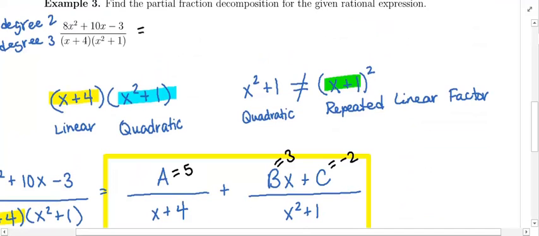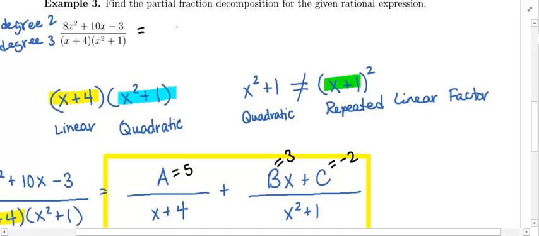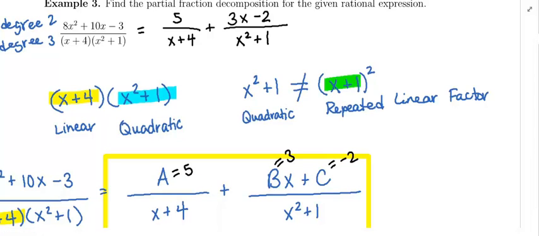The partial fraction decomposition for 8x squared plus 10x minus 3 over x plus 4 times x squared plus 1 is going to be a, which is 5, over x plus 4, plus b, which is 3x, plus c, which is minus 2, over x squared plus 1. This is the partial fraction decomposition.